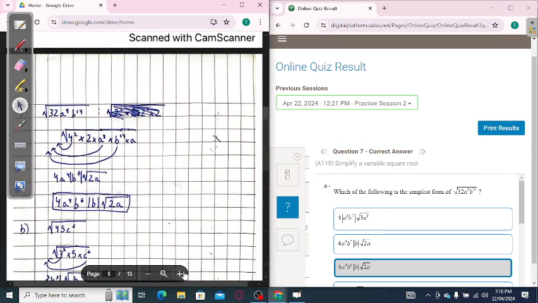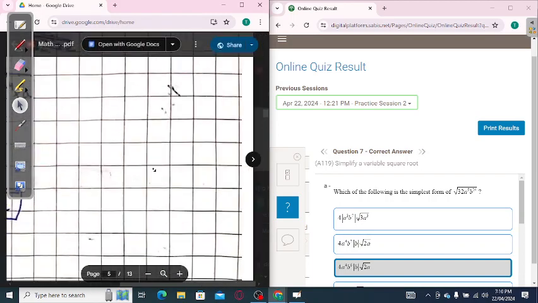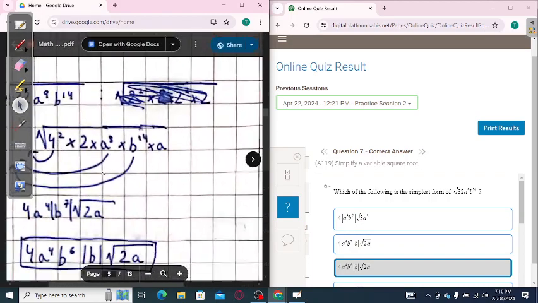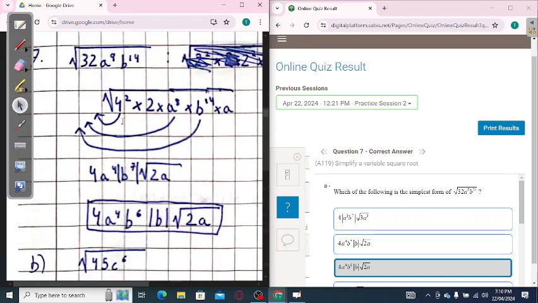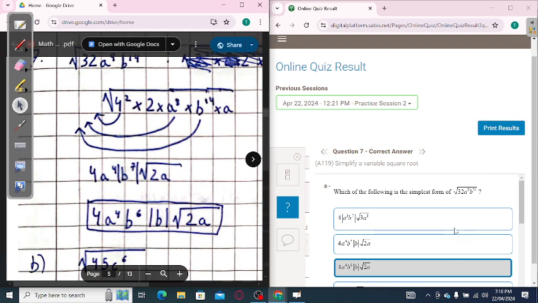Okay, what you do, you split it up into even powers. So 32 is 16 times 2, so 4 squared times 2. What you do is you take this 4 squared out.